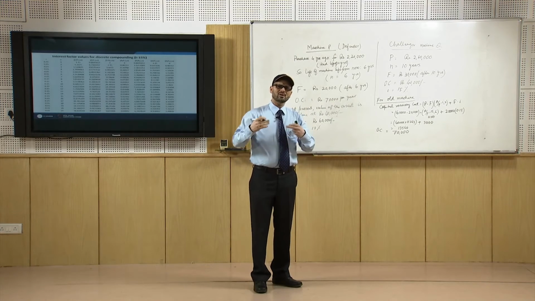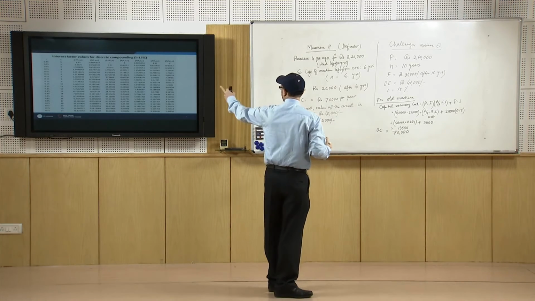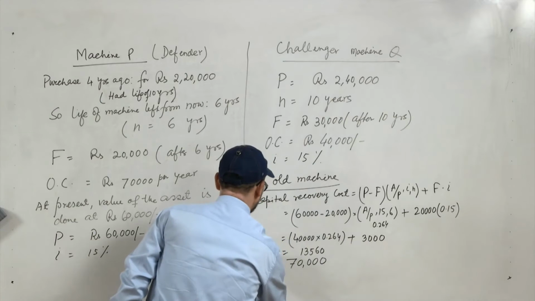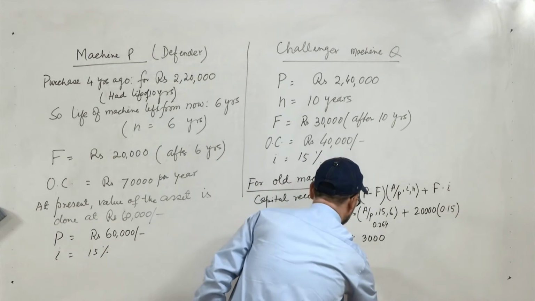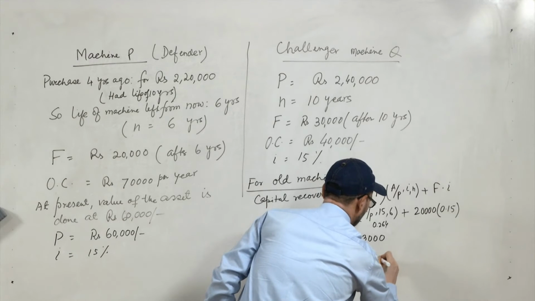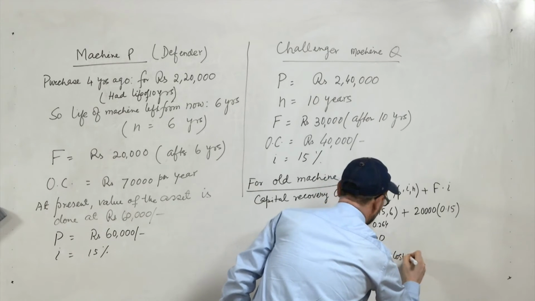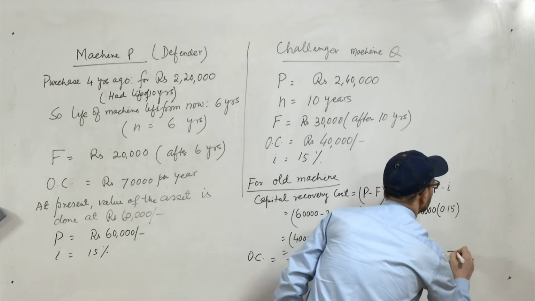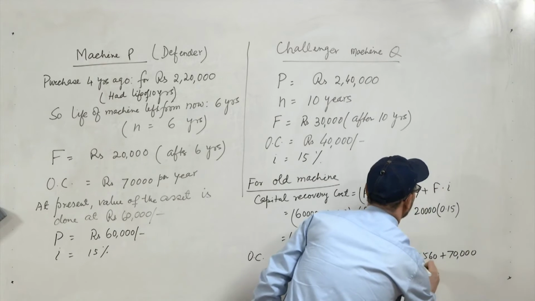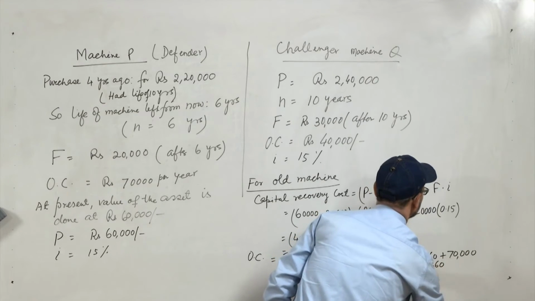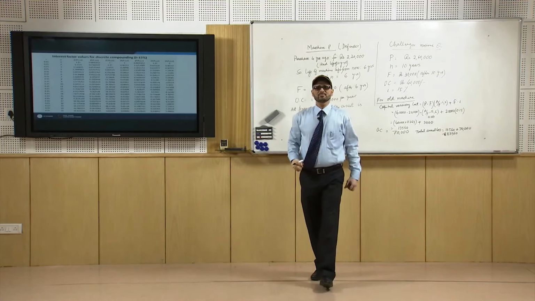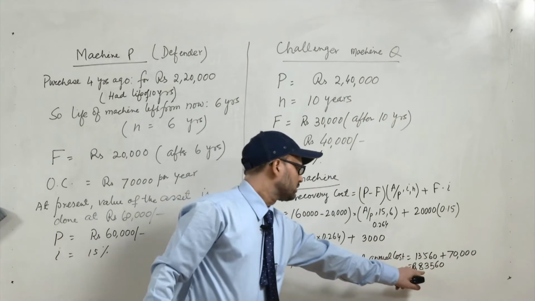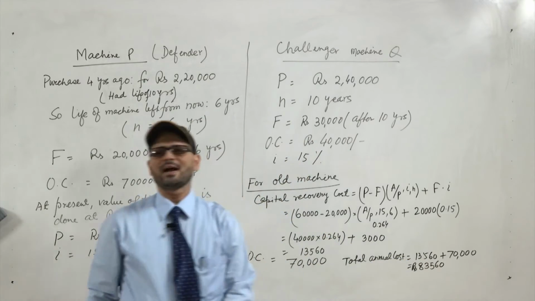So, the total annual cost incurred by the old machine will be 13,560 plus 70,000, which is 83,560. So, for this machine the total annual cost, AEI, comes out to be rupees 83,560.